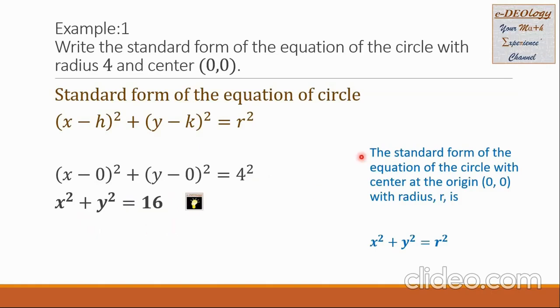Take note that the standard form of the equation of the circle with center at the origin (0, 0) with radius r is given by this equation. It is quite simplified now: x squared plus y squared equals r squared. Again, r is the radius.